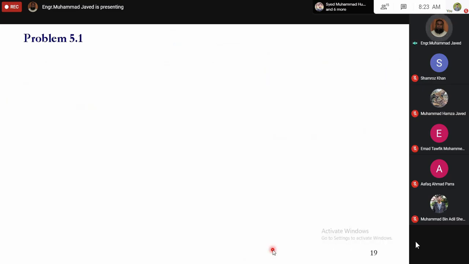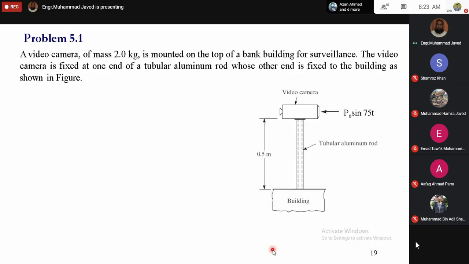So now we will wind up undamped systems by solving a problem.